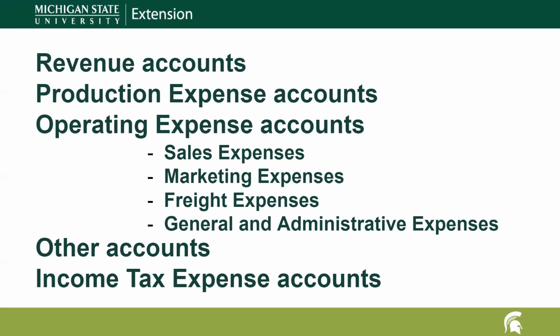They are identified in 4 major categories: sales expenses, which are expenses related to a specific sale transaction, marketing expenses, which are expenses that are not related to a specific sale, freight expenses related to the transportation of finished goods, and general and administrative expenses.